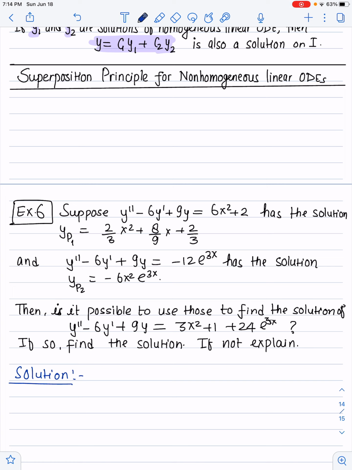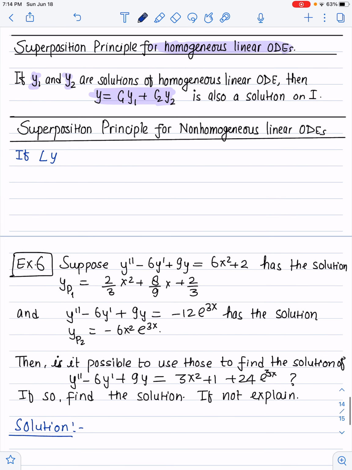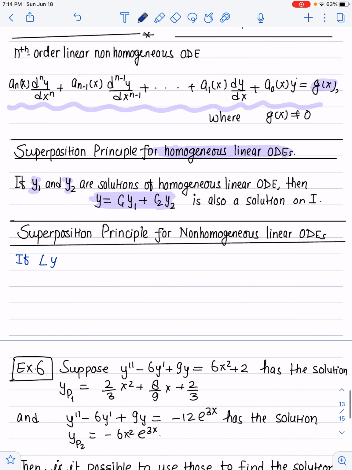All right, so let's look at L of y. L is the differential operator which we have already discussed earlier. For example, you can see this is my L of y, the left side of the whole differential equation.